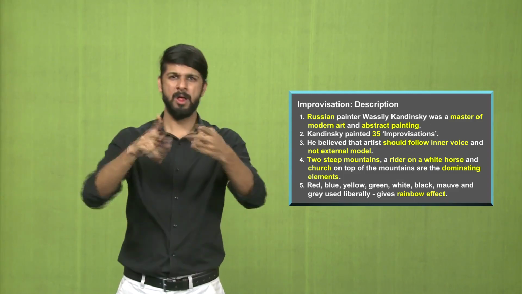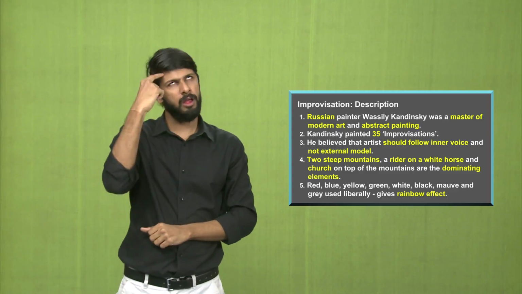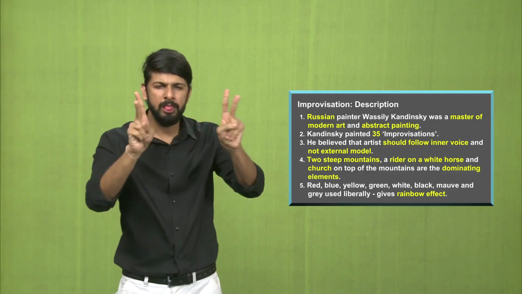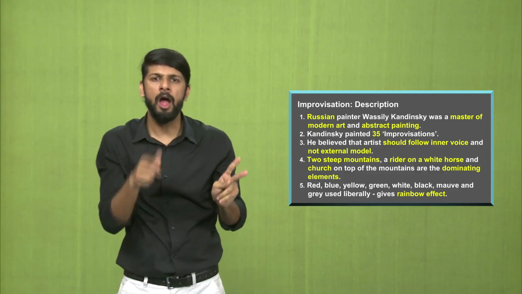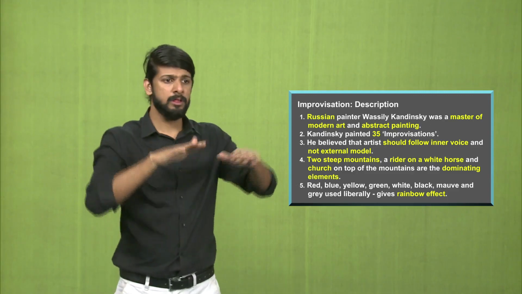So, for example, the church which he has painted, the rider which he has painted in his artwork have been modified and improvised. That is, the person is listening to or following his inner voice.